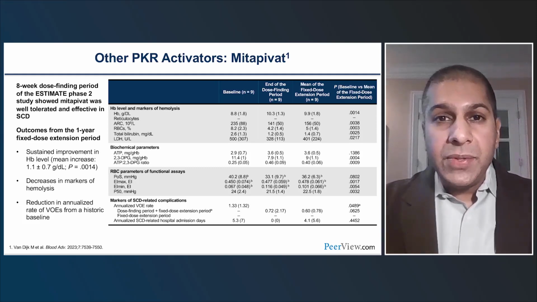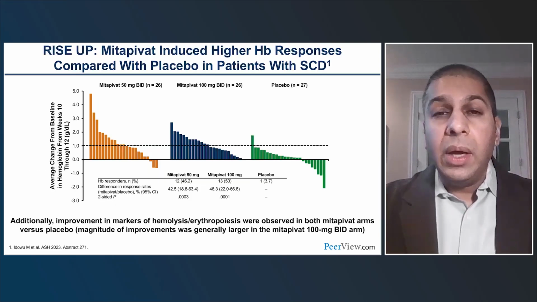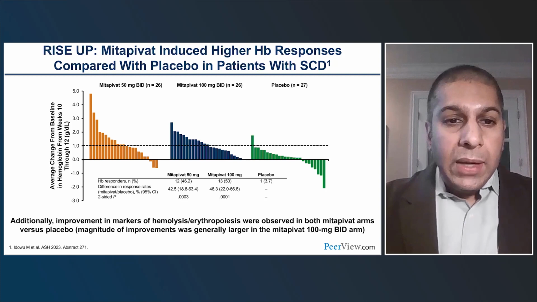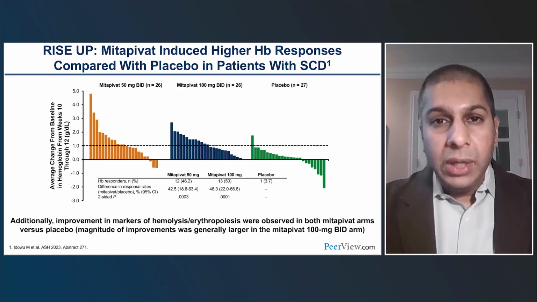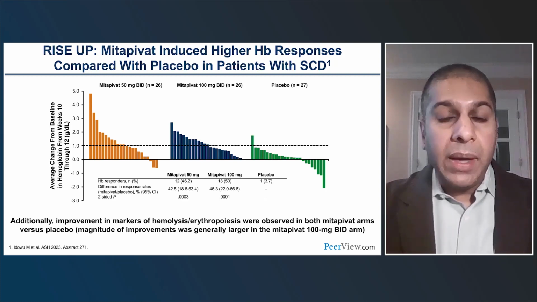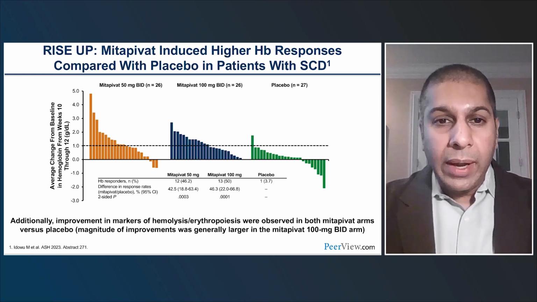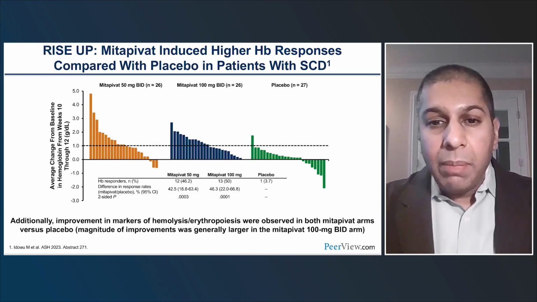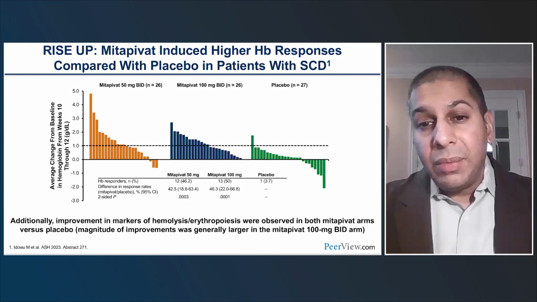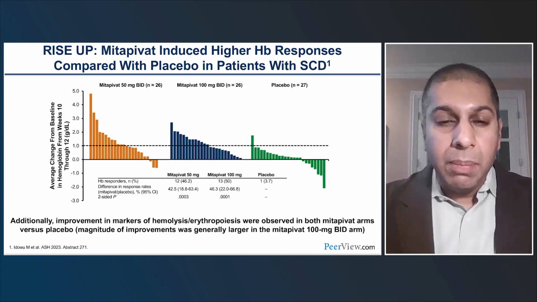This was recent data presented at ASH in 2023, showing the RISE UP data. Here they looked at patients that had received 50 milligrams versus 100 milligrams and placebo in a waterfall plot. These positive changes represent an increase in hemoglobin. Approximately half of patients were hemoglobin responders, defined by a hemoglobin increase of more than 1 gram at both the 50 and 100 milligram doses, while as expected, most patients remained either increased or decreased in the placebo arm.